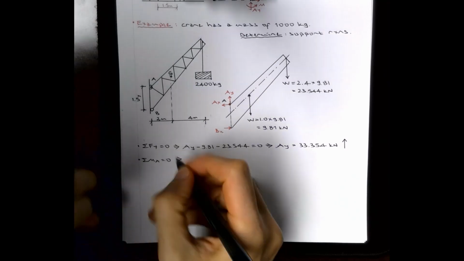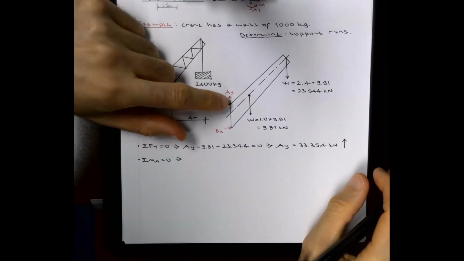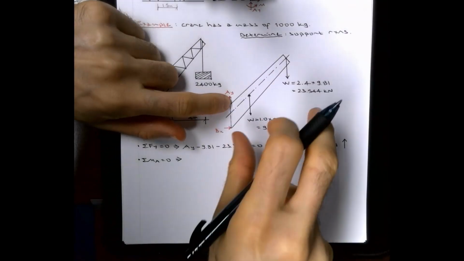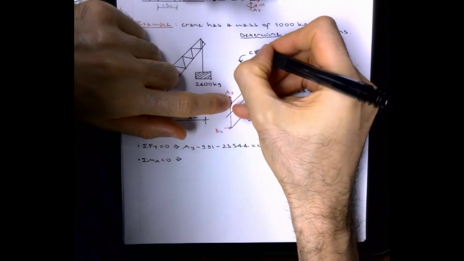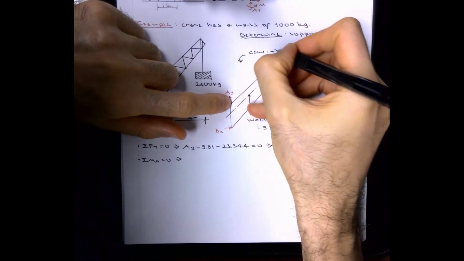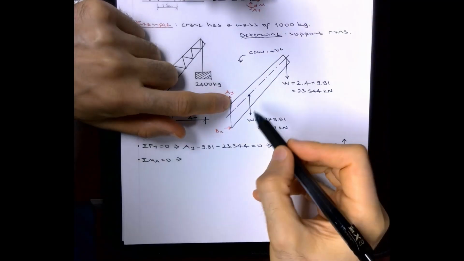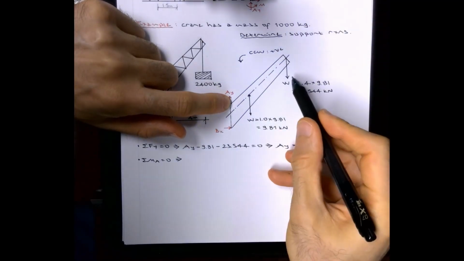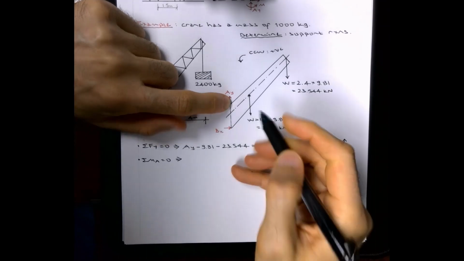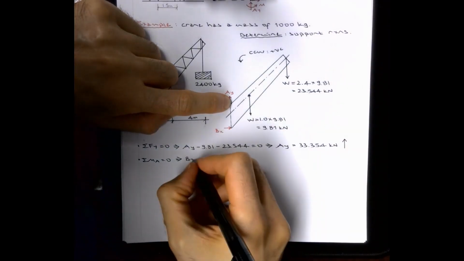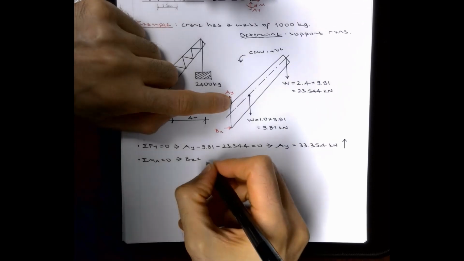So again, I typically put my finger to see how things are rotating. Also remember that counterclockwise rotation is positive. This is clockwise rotation, this is clockwise rotation, BX counterclockwise rotation. So I will start with positive, BX times distance 1.5.